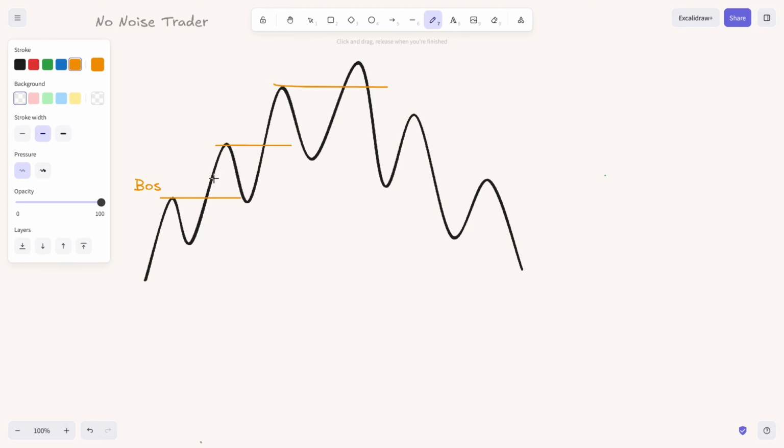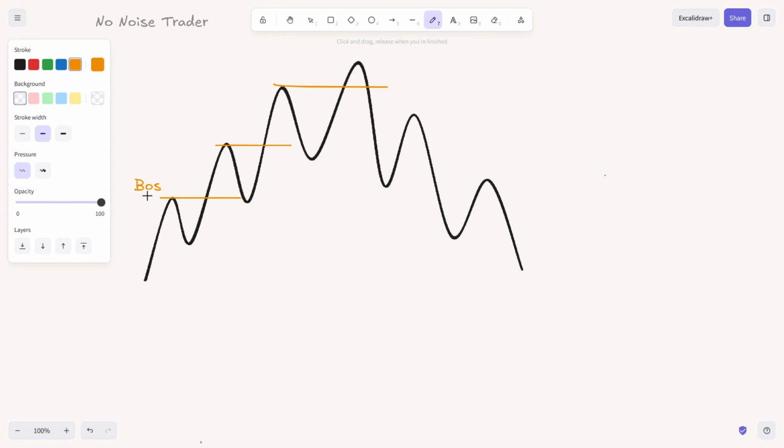Now, every time that we have a high that got broken, which is a break of structure, we need to pay attention to the low of that high that got broken. Meaning that once we have a break of structure, we need to look to the low, because that's very important.